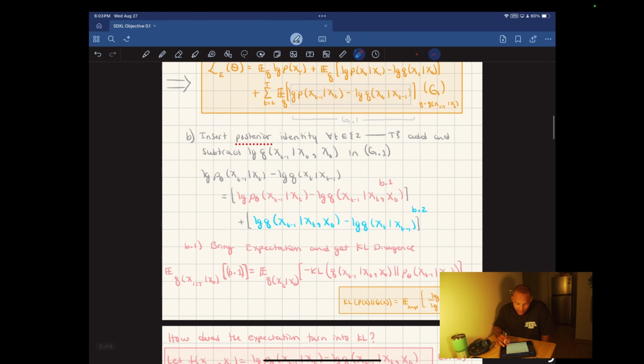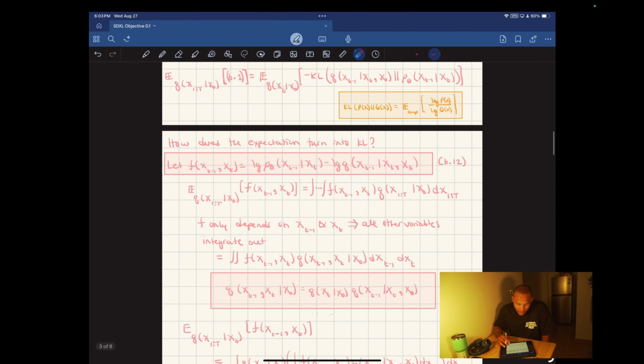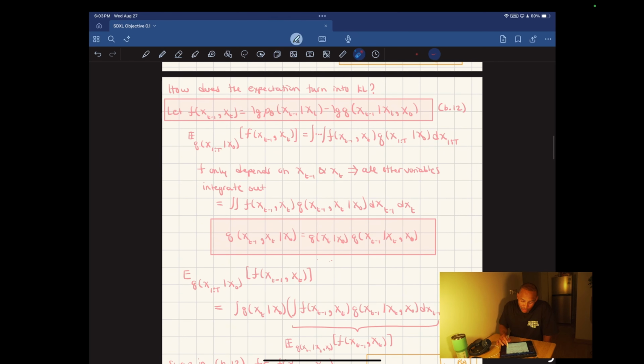I think the interesting thing to know is how this marginal distribution works: given that we have these variables x1 to xt, we integrate out all of the variables that this function doesn't depend on, right?